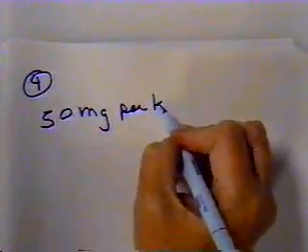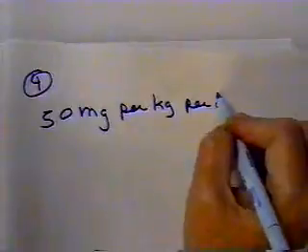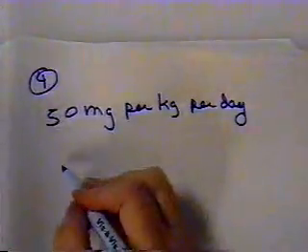Number 4 gives us 200 milligrams in 5 milliliters. But this one says 50 milligrams per kilogram per day. This is one of these per problems. I'm not even going to look at the dosage yet. When I see this type of problem, I go through my 3 steps first.